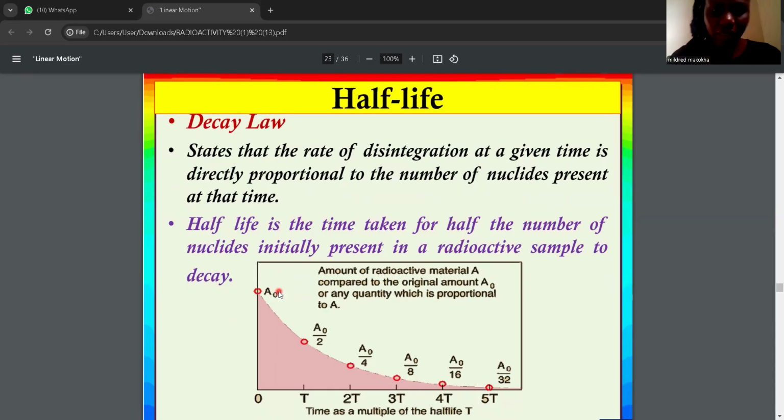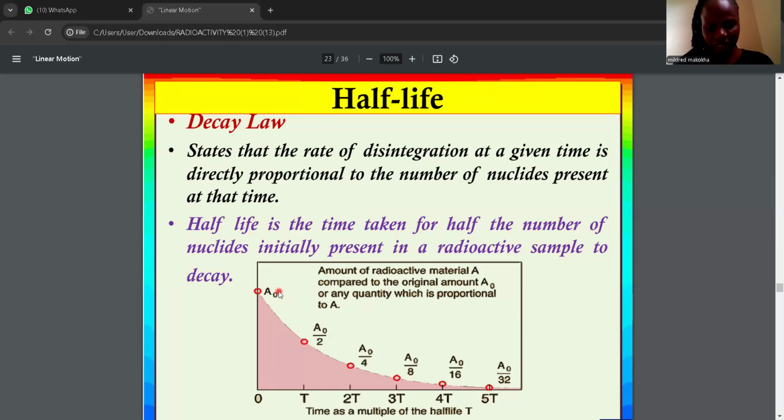So I've already explained the graph below. If you have a certain radioactive material, and the amount of the radioactive material initially is what? A naught. After a half-life, this will reduce by a half.